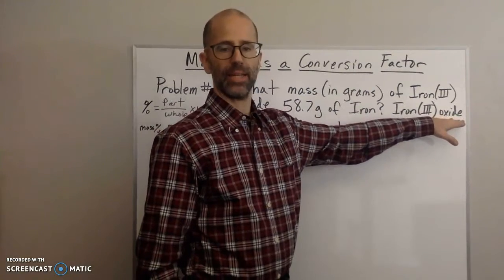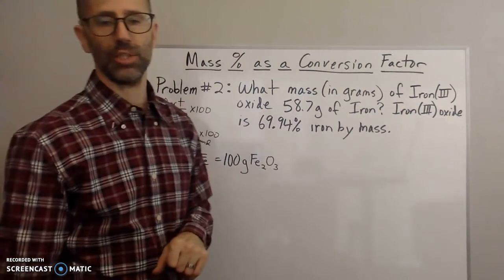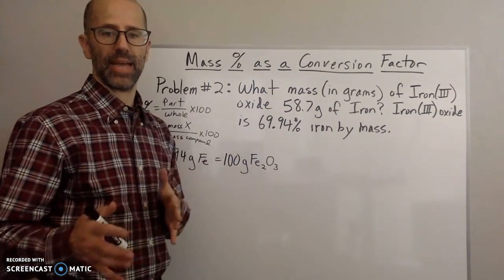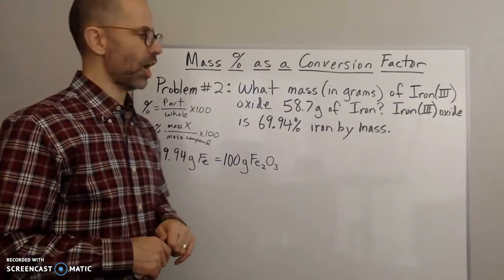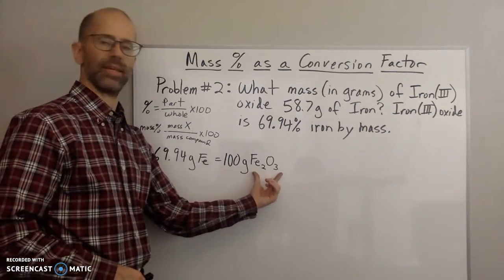Oxide is oxygen, and oxygen has a -2 charge because it's in group 6, and the rule is the group number minus 8 gives you the charge. Once I know the charge, I do my crisscross rule and I get the formula.